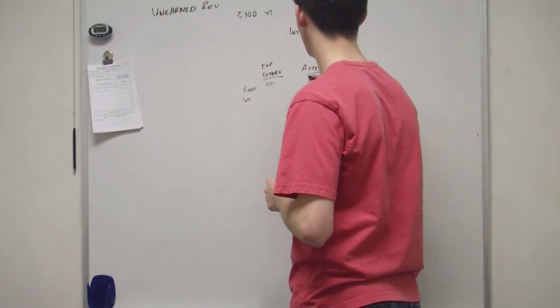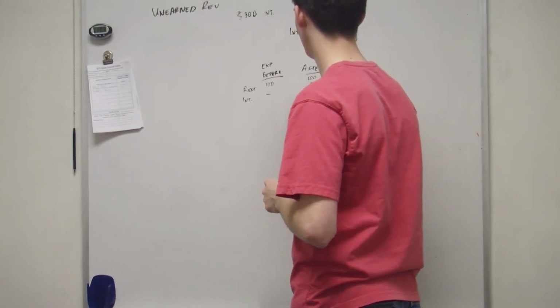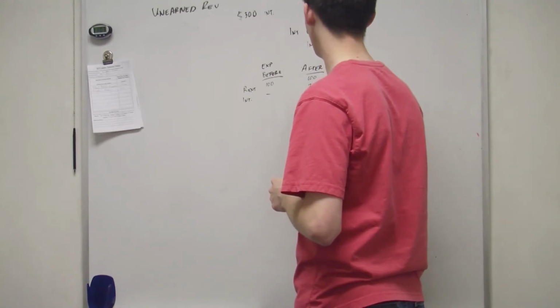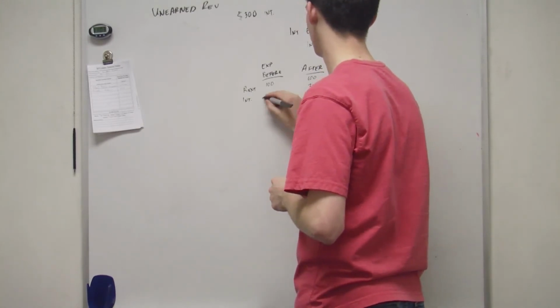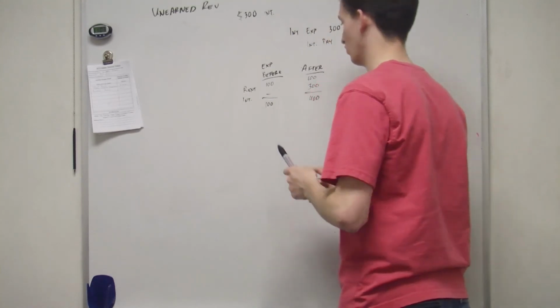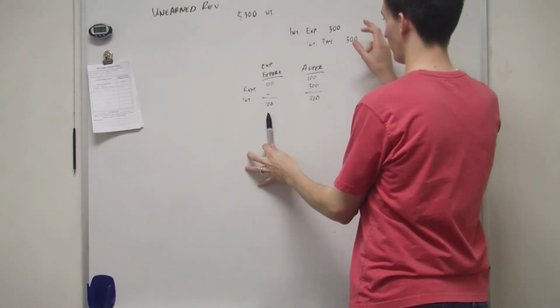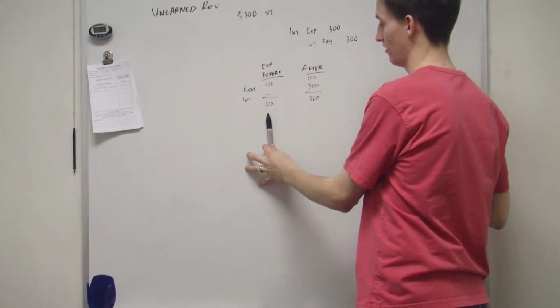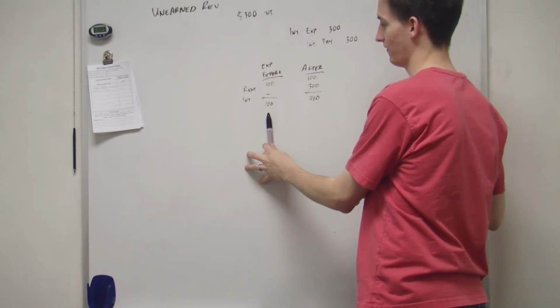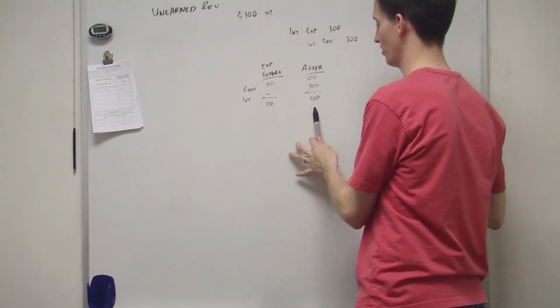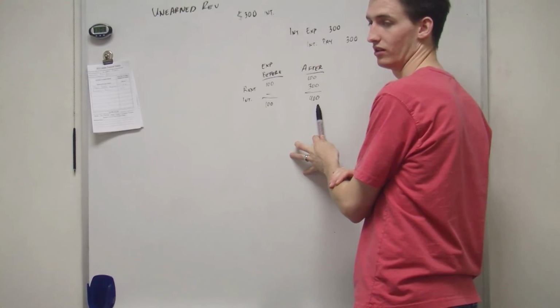Got $100 in rent, and I didn't expense the interest here, but I did there. So before, if I forgot to do this, it would show that my expenses are only $100, but I actually should have had $400.